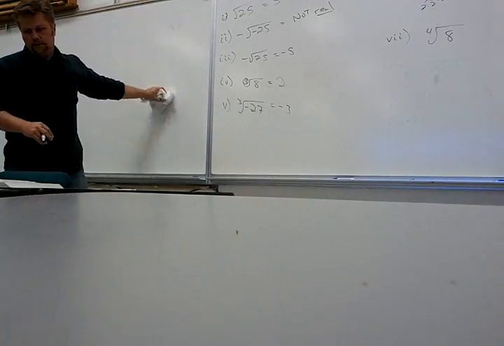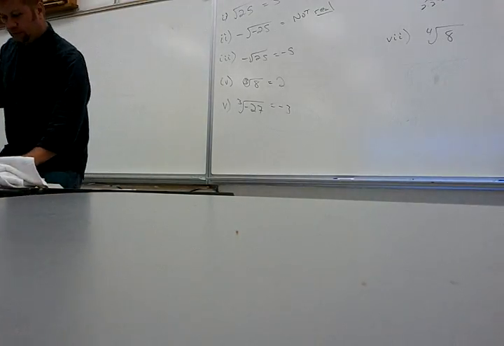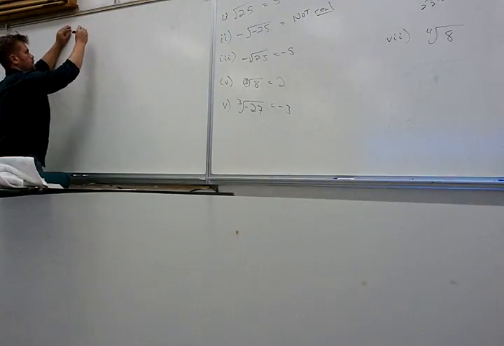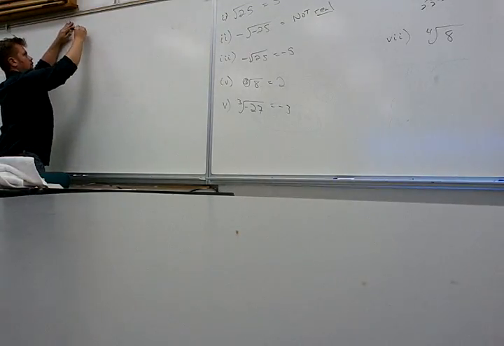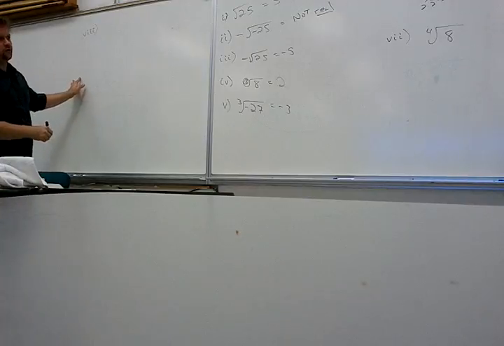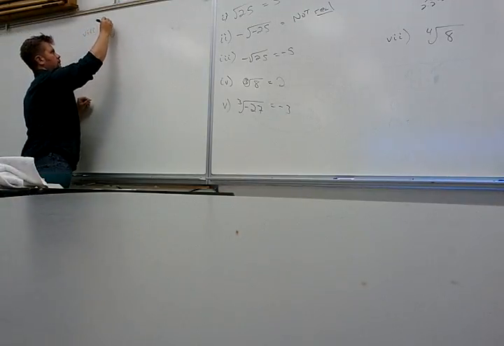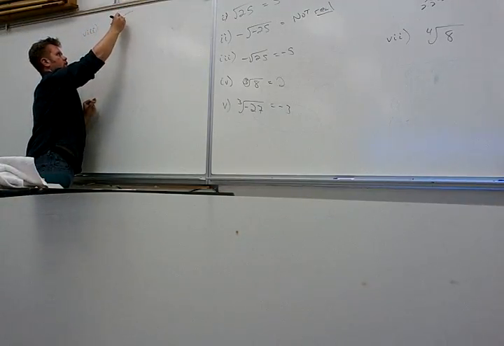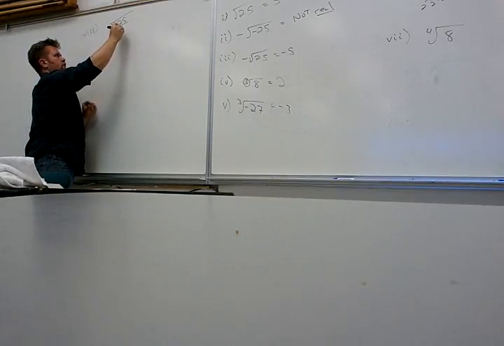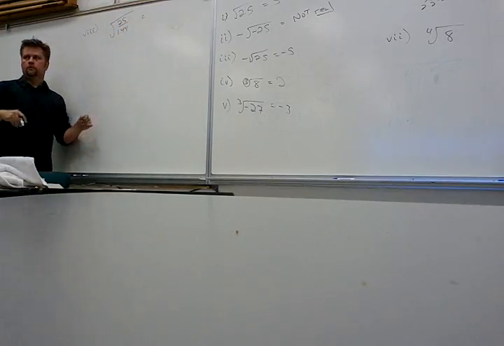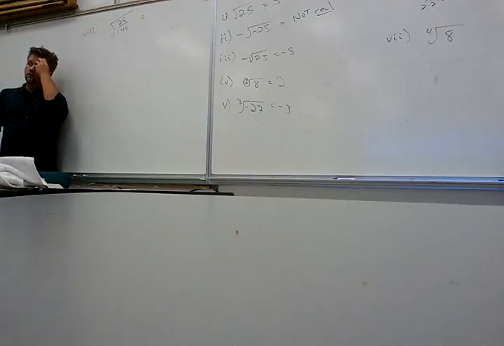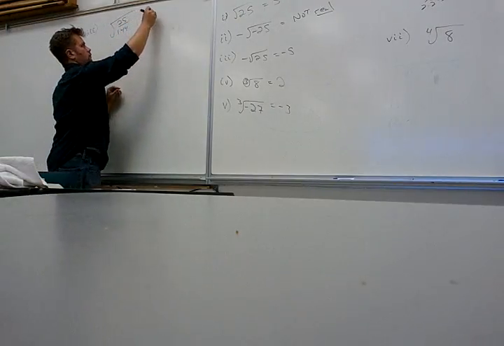Okay. Let's see. Oh, what about this? Where am I at in my Roman numerals here? Okay. Oh, really simple. Square root of 25 over 144. 5 5 over 12. I always get somebody who does this though.